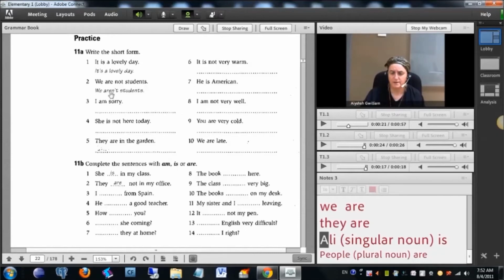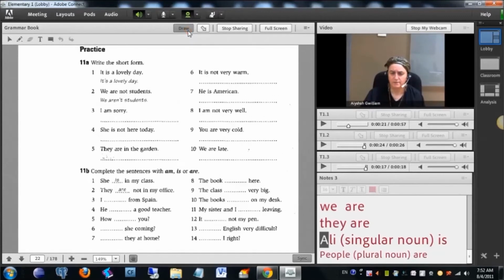Now, for number 3, I am sorry. What is the short form for this one? I'm going to give you the first answer for you. The short form should be I'm sorry.